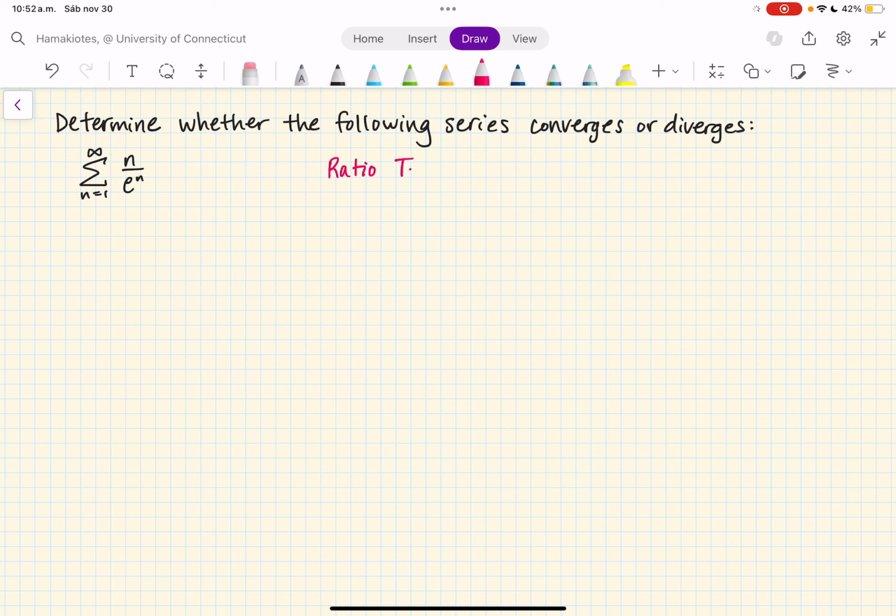So the ratio test tells me that suppose I have a series where I'm summing up some a_n, and I define the limit L, where L is the limit as n approaches infinity of the absolute value of a sub n plus 1 all over a_n.